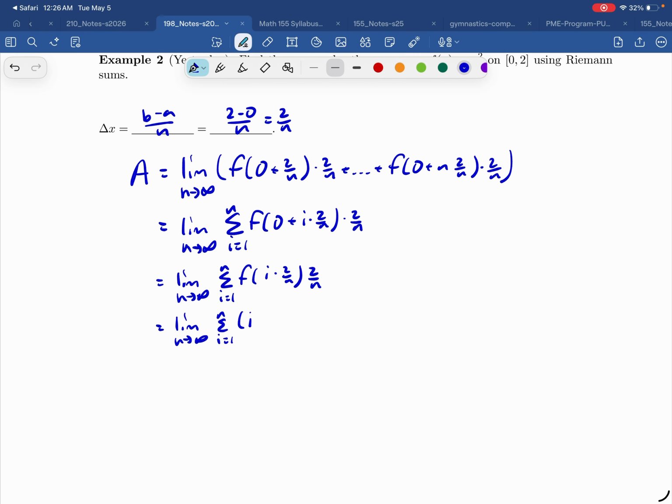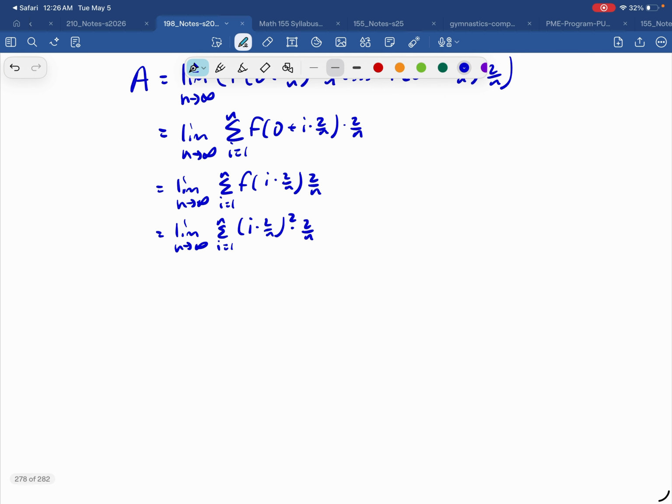So it's going to be i times 2 over n, quantity squared, times 2 over n. And we can actually just simplify this. This will be i squared times 4 over n squared times 2 over n.